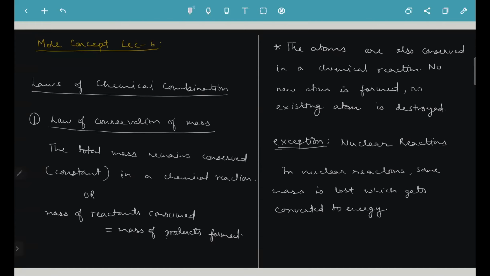Some new atoms are produced, some existing atoms are destroyed. So we can say that the law of conservation of mass is not followed in nuclear reactions. Is this clear?